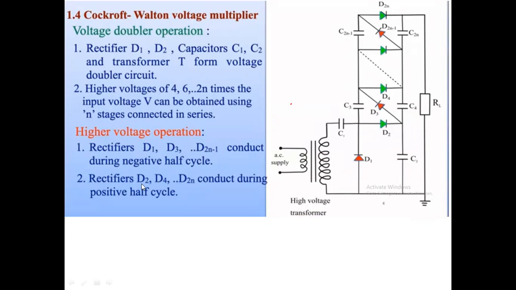And the rectifiers D2, D4, up till D2N conduct during the positive half cycle, meaning the diodes represented with the even numbers. The odd-numbered diodes that conduct in the negative half cycle are represented with the red color, and those with even serial numbers, which conduct in the positive half cycle, are colored green.